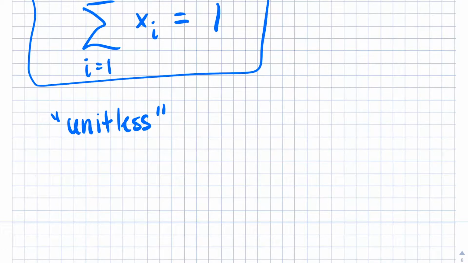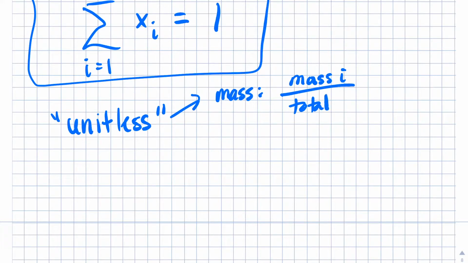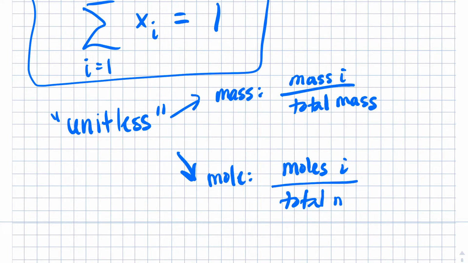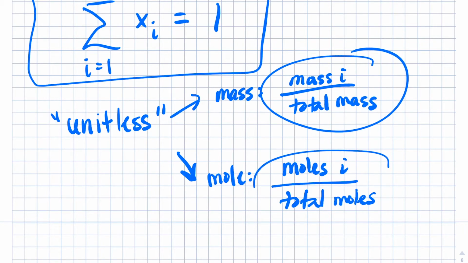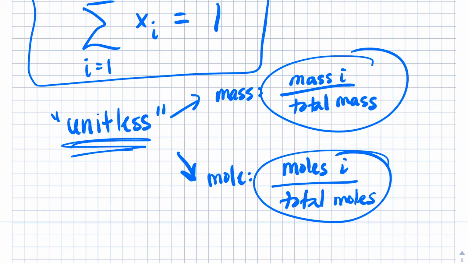But there are times where it will be convenient to think of a mass fraction as mass of component i over total mass, and a mole fraction as moles of i over total moles. You get to decide what way you want to think about them. They're both correct, but it'll be easier to think about it in terms of these little units I've written here sometimes, and other times where it's a lot more convenient to just consider them unitless.